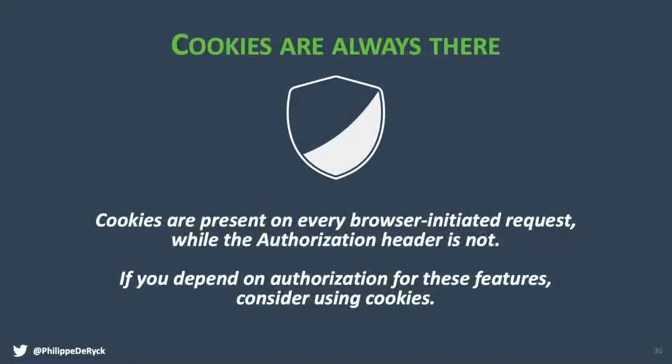Cookies are handled by the browser, and because of that, they are sent on every request to that domain originating from the browser, unless you configure the browser not to do that. But this is something to realize, that the authorization header is not always there. So if you're depending on these use cases, instead of building a complementary authorization mechanism next to the authorization header, maybe cookies are a better choice. Seriously.